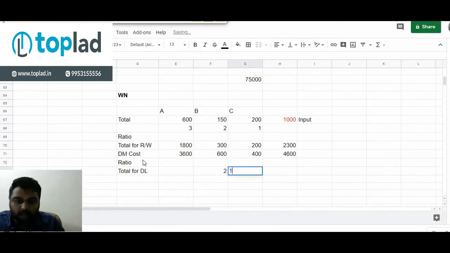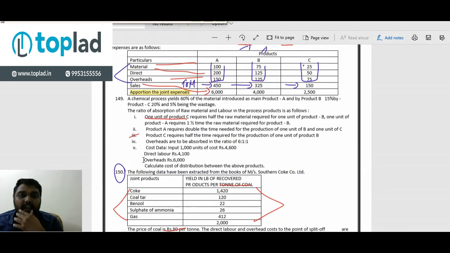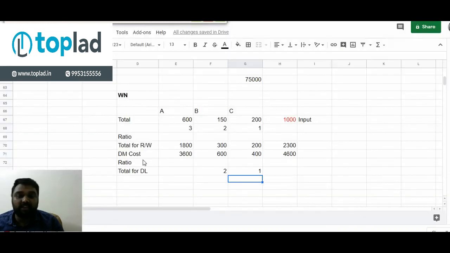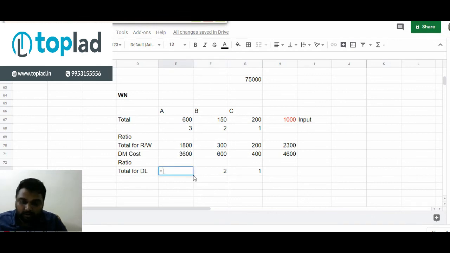C requires half, so it will be 1. A requires double the time required for 1 unit of B and C. So B and C together is 2 plus 1, which will be 3. 3 into double the time will be 6.